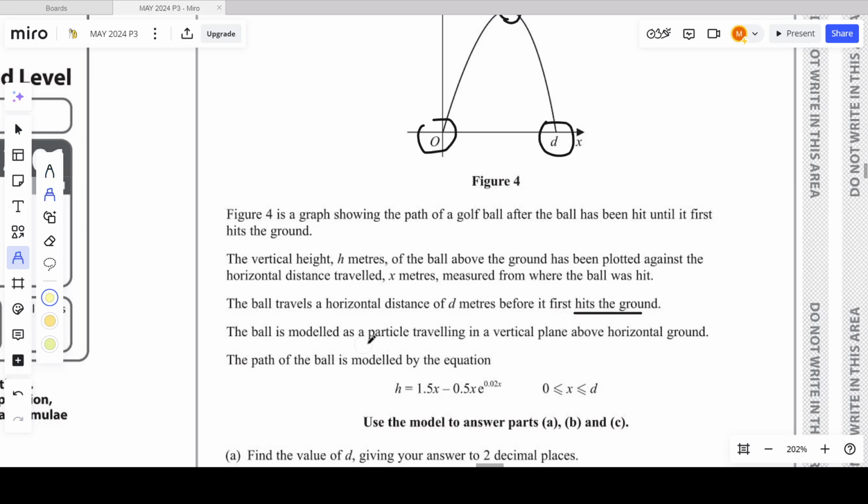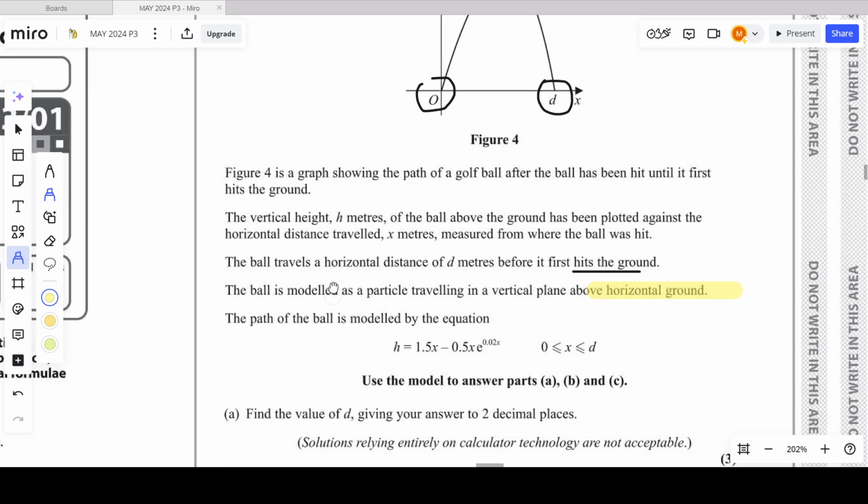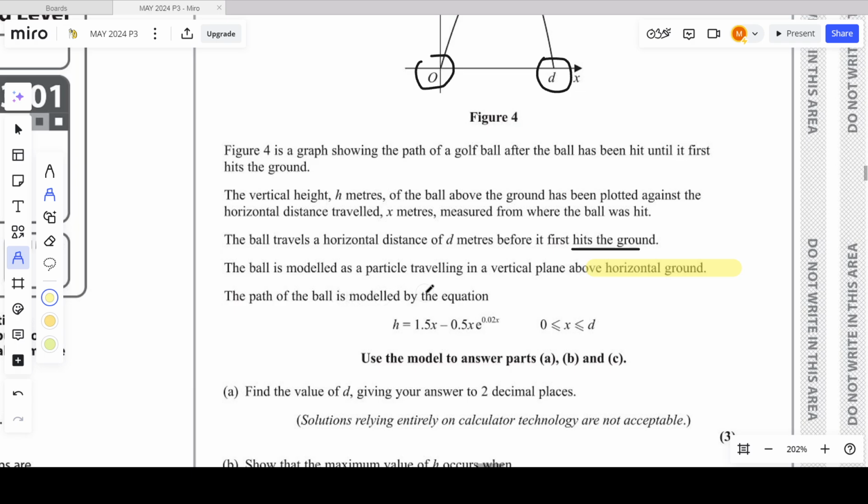The ball is modeled as a particle traveling in a vertical plane above horizontal ground. The path of the ball is modeled by the equation h equals 1.5x minus 0.5x e to the power 0.02x, where the domain is x greater than or equal to 0, less than d.